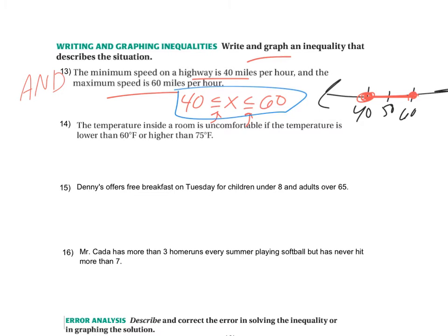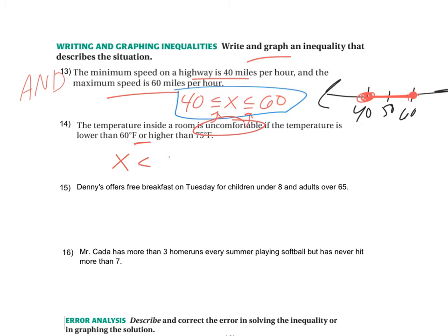The next one: the temperature inside a room is uncomfortable if the temperature is lower than 60 or higher than 75. So it looks like they're looking for the uncomfortable temperatures, and the word "or" in there might even be a giveaway. This is going to be an OR case. So if the temperature is lower than 60, start with your variable when you're writing one of these small inequalities.